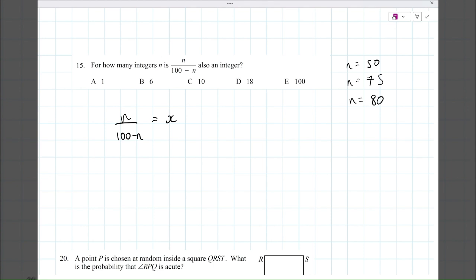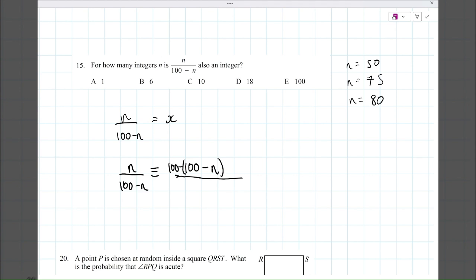But it's always nice if you've got the ratio of two functions like this, two linear functions especially, you can say that n over 100 minus n is equivalent to, and we want to make the numerator a multiple of the denominator, so we're going for 100 minus n, and then to make sure that it's still the same as the numerator, we do 100 minus that.